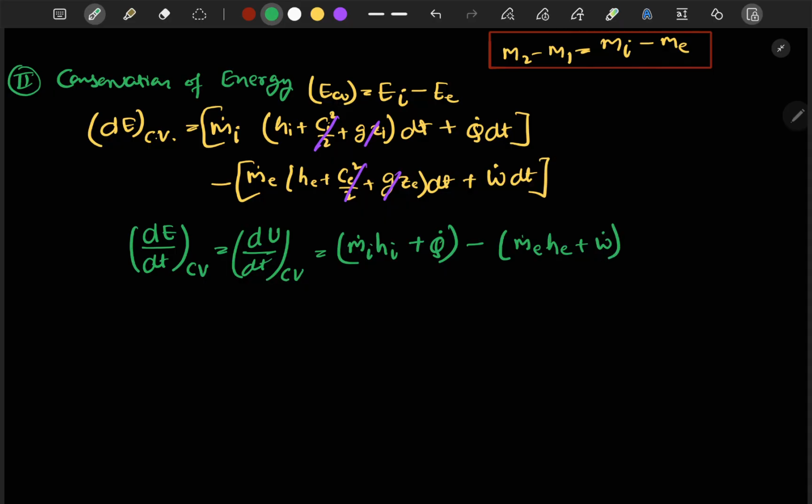So this is our equation for energy conservation.